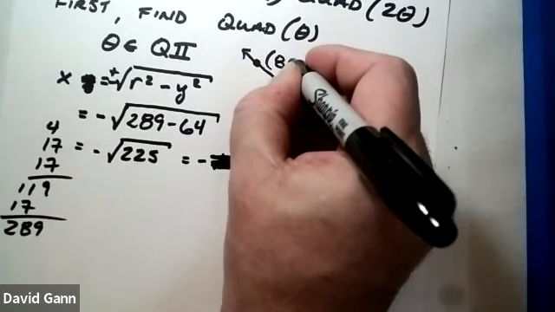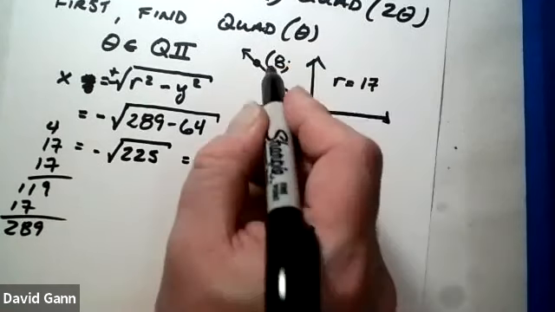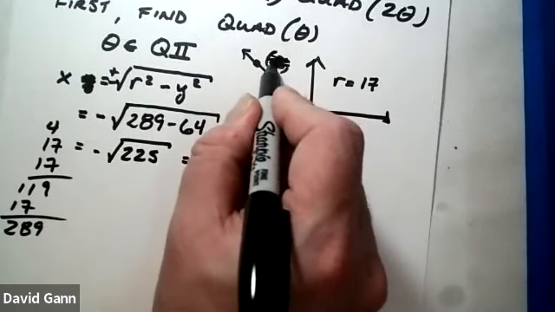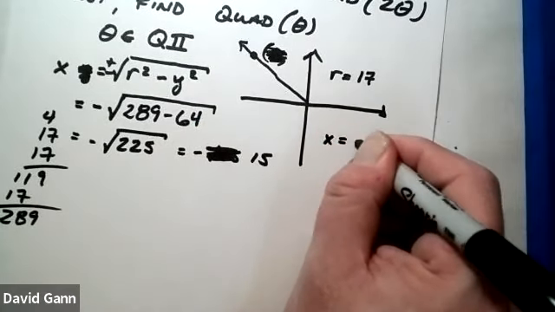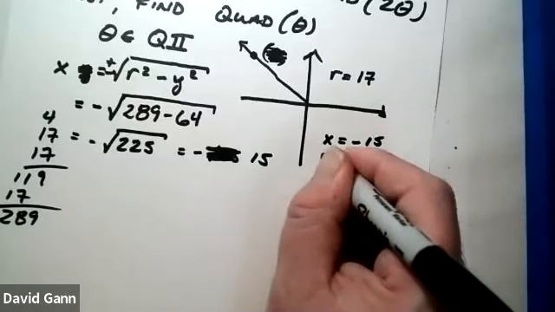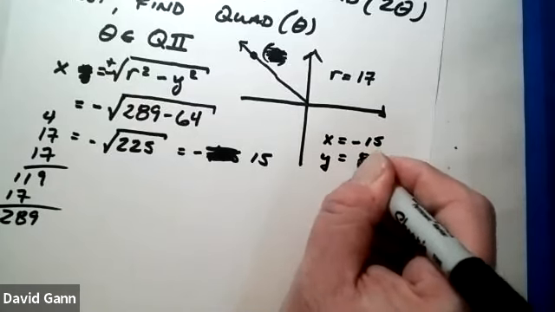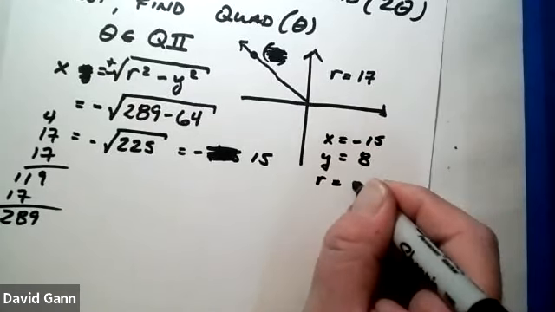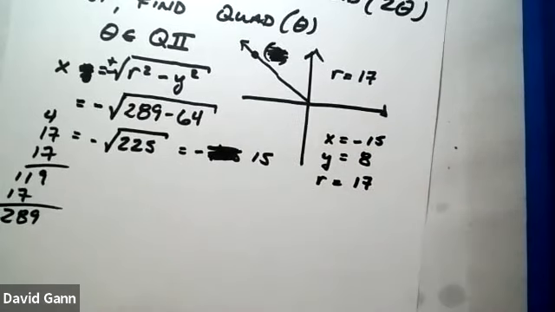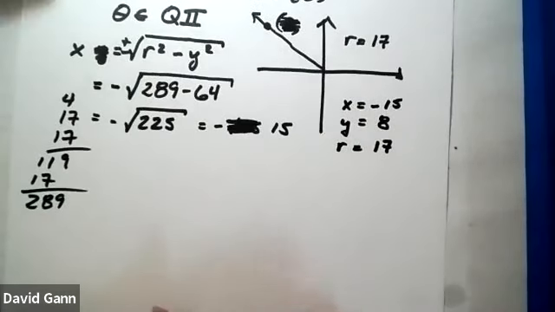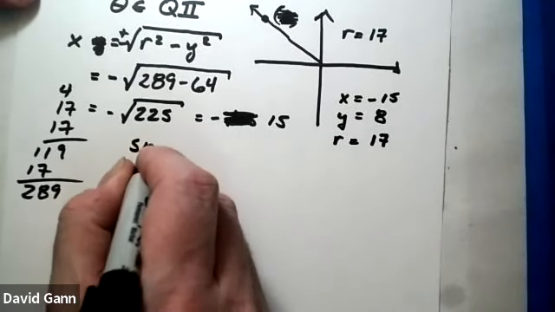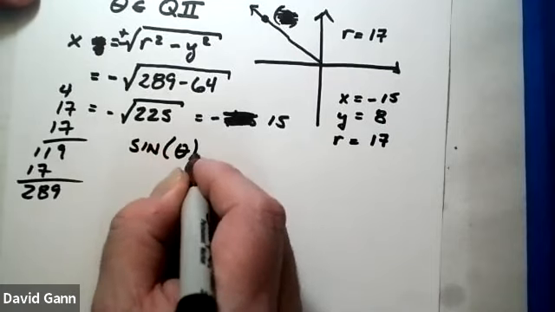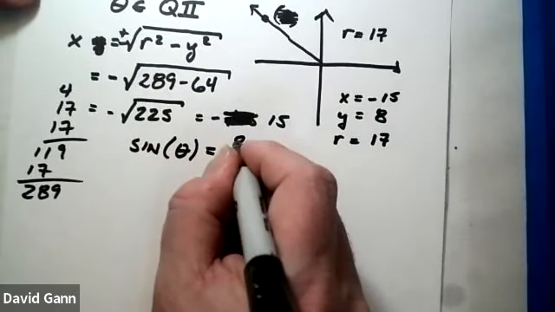So that tells us, and I've got these backwards up here. So just to summarize, we have x equal negative 15, y equal 8, and r equal to 17. So we can now compute, we had sine, let's find cosine and then find tangent. So sine of theta is already given as 8 over 17.